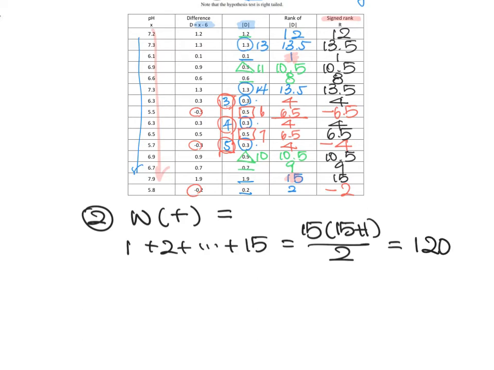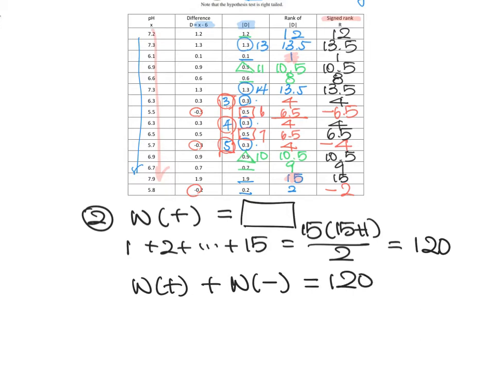Now we need the sum of the positives. Even if I count the negative ranks and the positive ranks together, that will be 120.